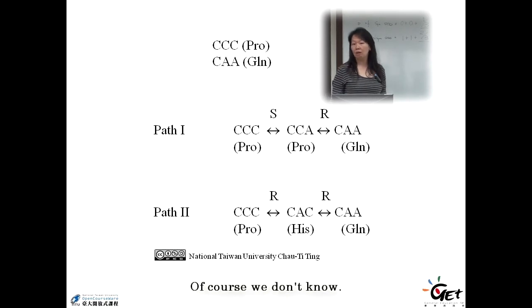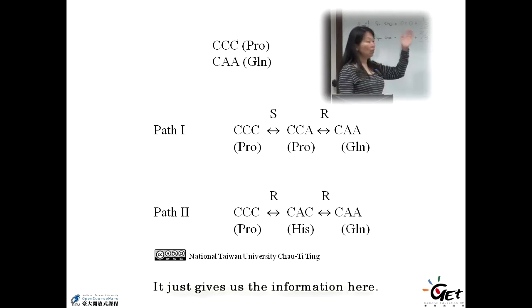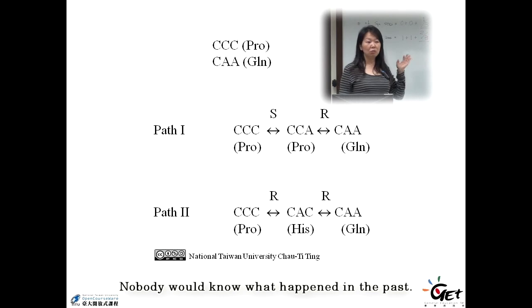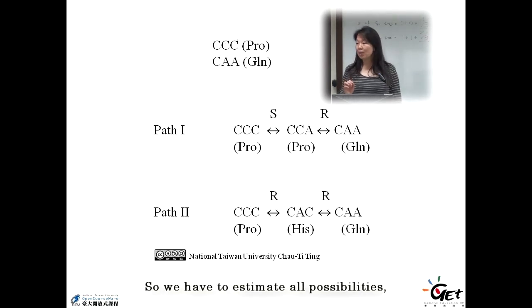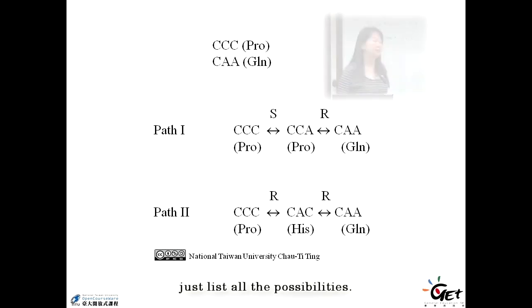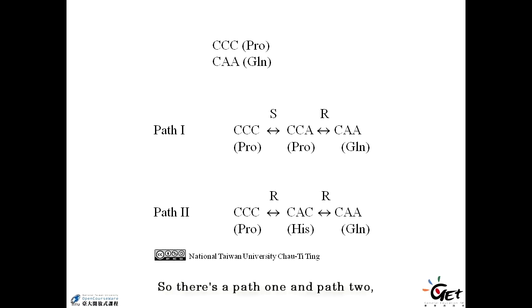Of course, we don't know. If just given the information here, nobody would know what happened in the past. So we have to estimate all possibilities, or just list all the possibilities. So there's path one and path two. It's very simple. Just try to say, okay, the first change is at the second position, or the first change is at the third position. So that's just two possibilities.